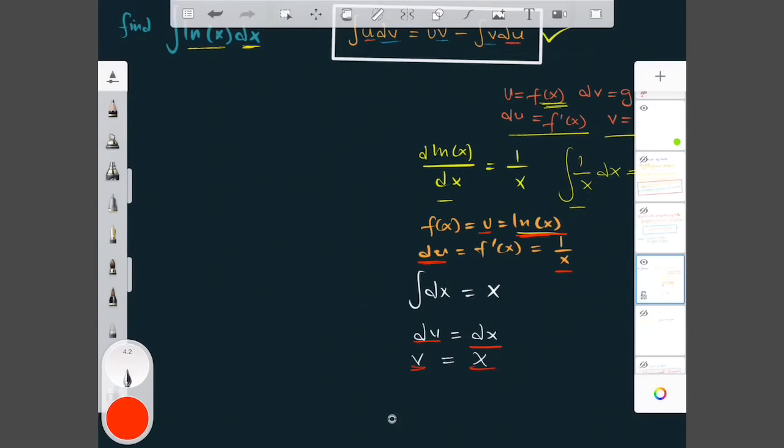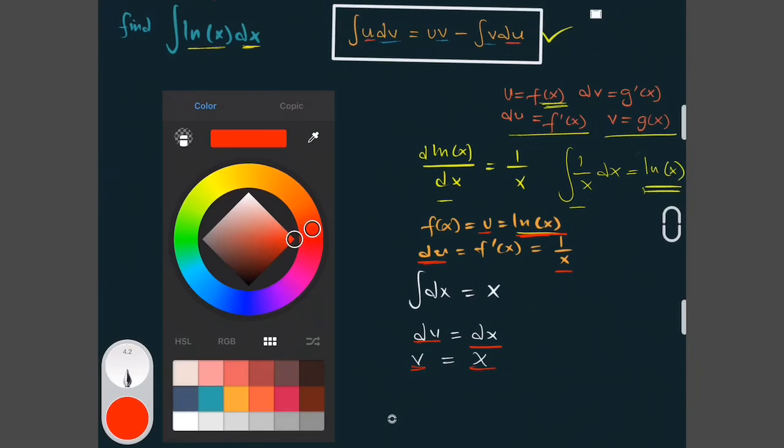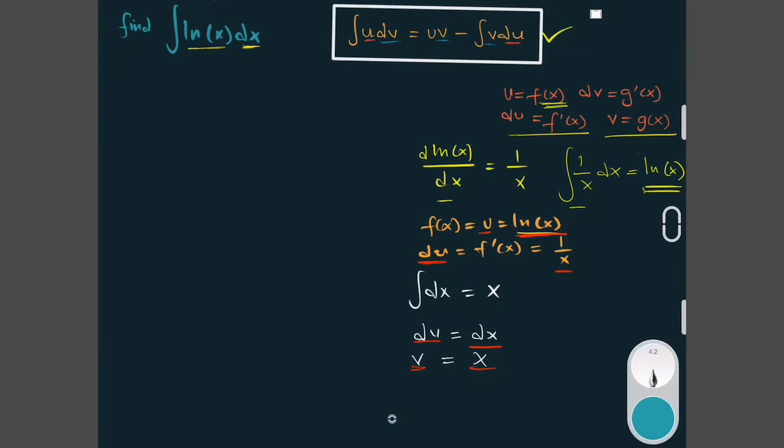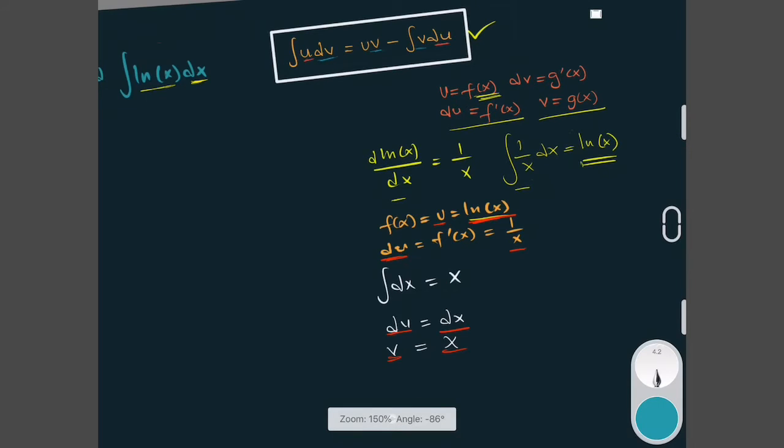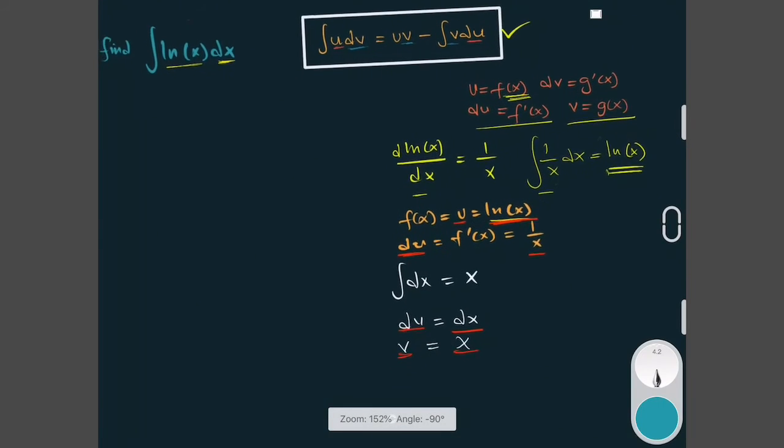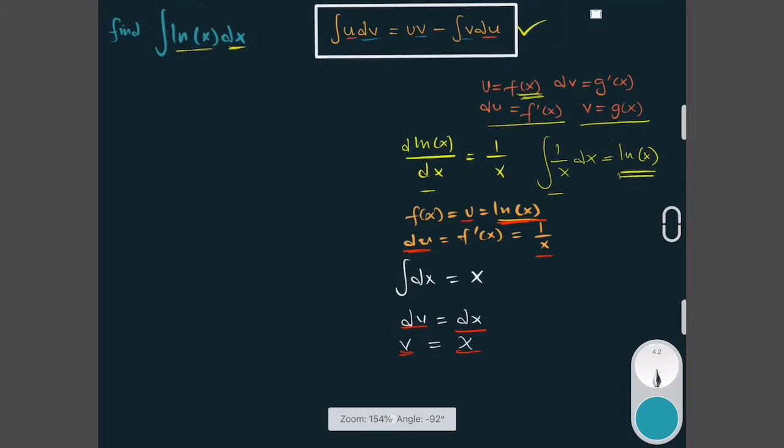So we could write something like that. So this is equal to u, and we know u is the natural log of x. It's ln of x.